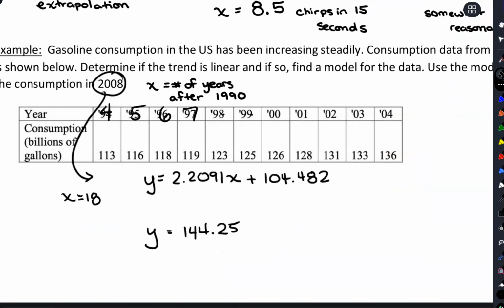And this will be in billions of gallons. And I would just want to make a note to myself that this is extrapolation.